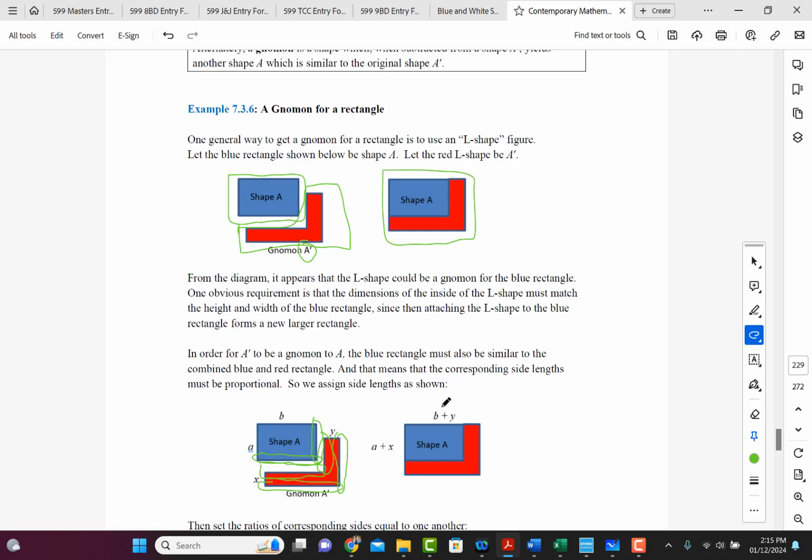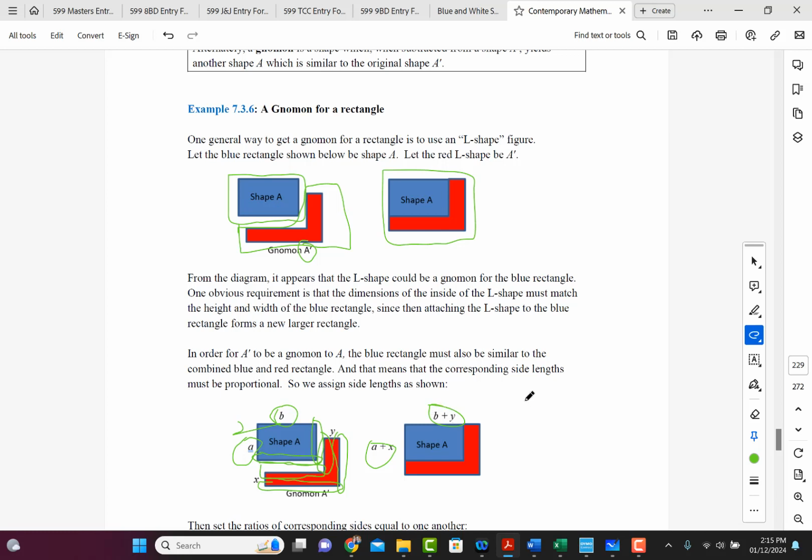So in other words, B plus Y must be proportional to B, and A plus X must be proportional to A. Or, sorry, let me say this again.